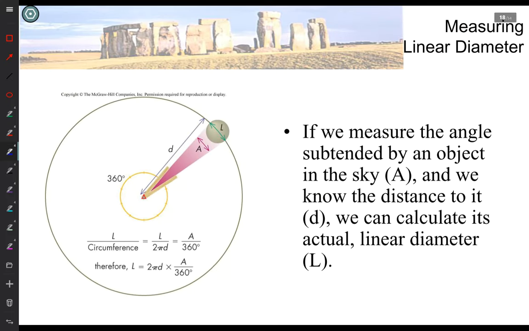Okay, our first real math, the small angle equation. The equation that essentially Eratosthenes used to calculate the circumference of the Earth.